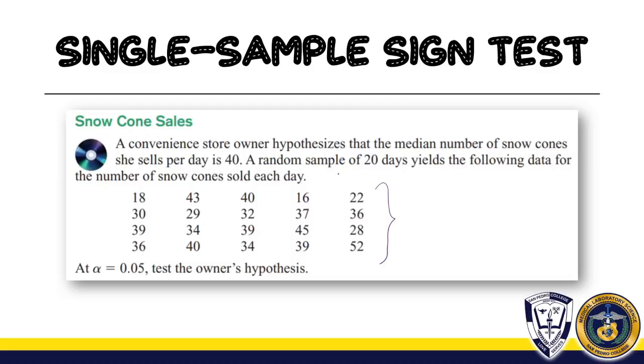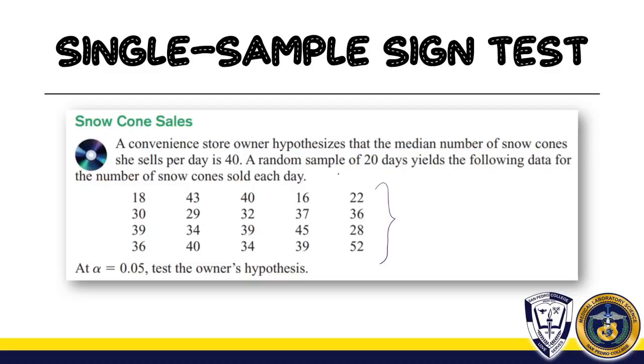If we translate this into layman's terms, the owner of the convenience store hypothesized, or guessed, that the median number of snow cones sold is 40 per day.